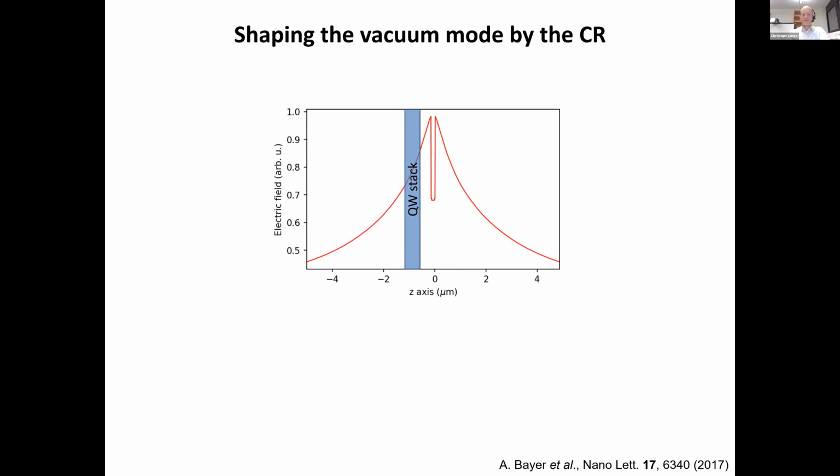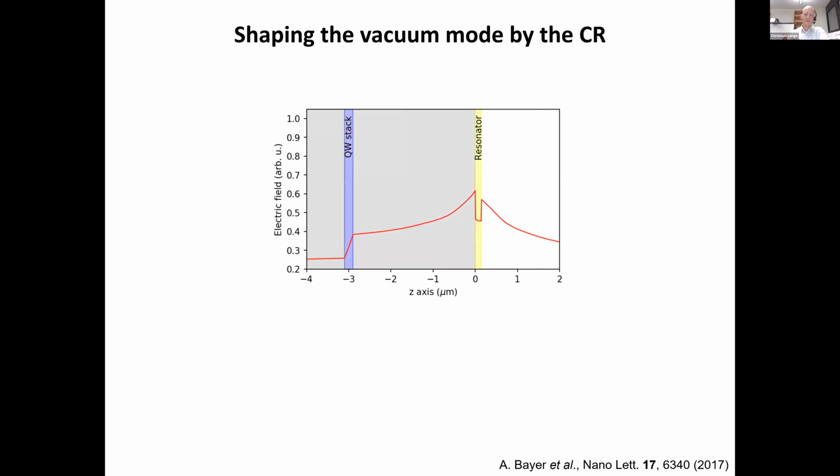The quantum well stack does not just receive the electric field of the resonator, but rather it modifies it if it's sufficiently strongly doped, characterized by a strong dielectric function. So even a placement of the quantum well stack far away from the resonator already modifies the optical mode of the resonator quite strongly.